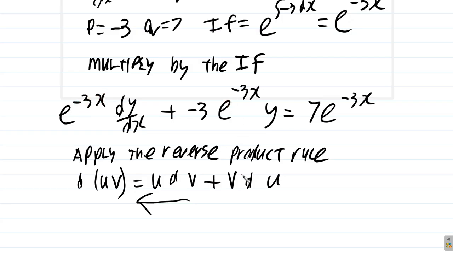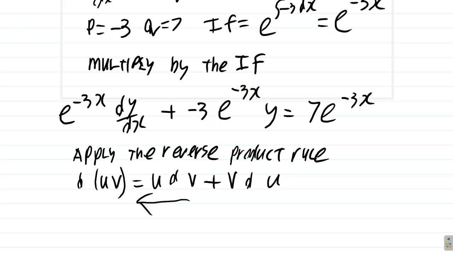Let's look over here now. Here you differentiated y, here you hold y. You held e to the negative 3x here, and you differentiate e to the negative 3x here. When you differentiate e to the negative 3x, you do get negative 3 e to the negative 3x.